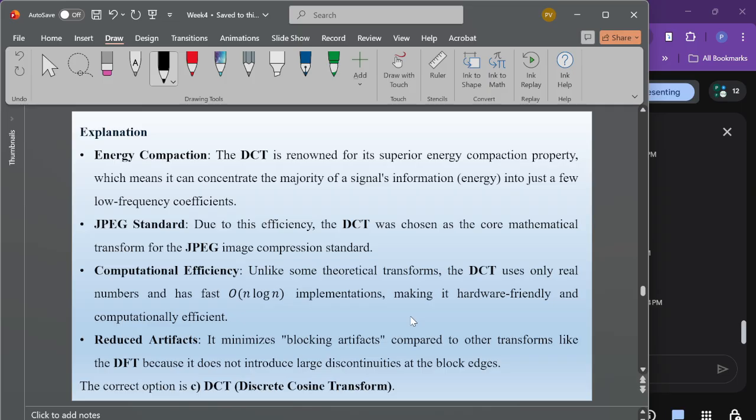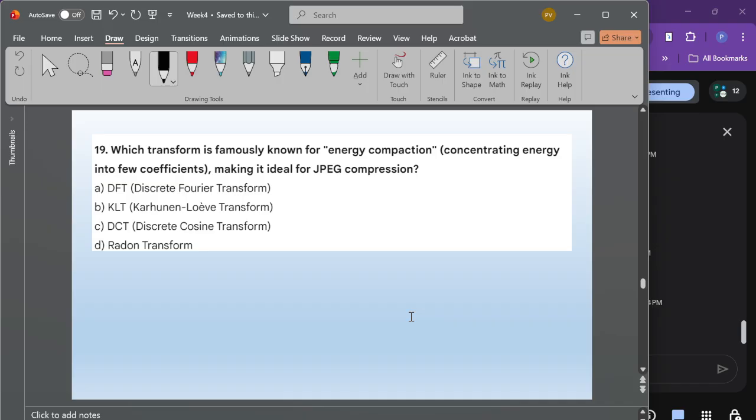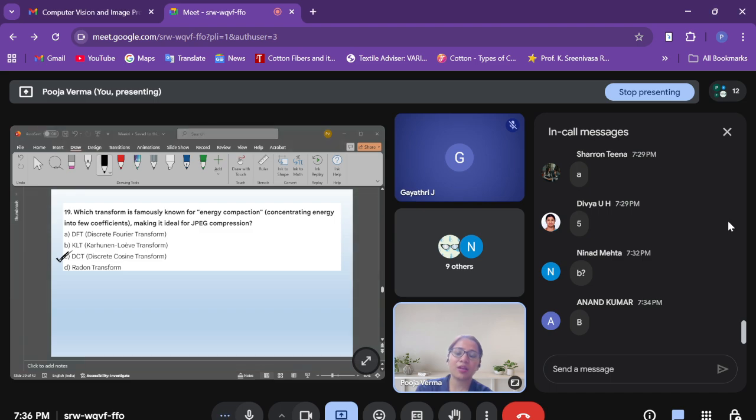That's why DFT is computationally not efficient. So the correct option is DCT, the discrete cosine transform. Option C is the correct answer. DCT is known as an energy compaction method that concentrates the energy into a few coefficients.